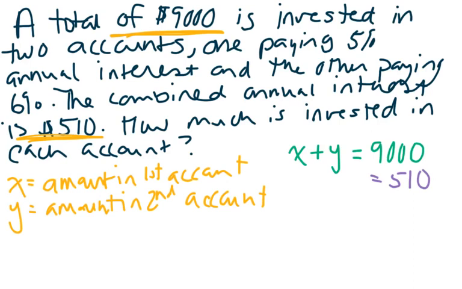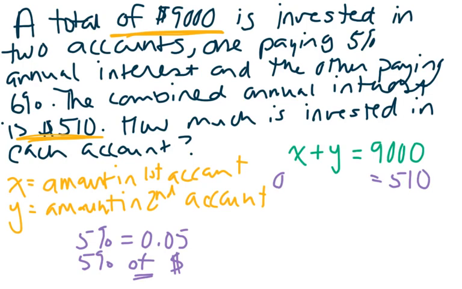But here's the reasoning here: 5% as a decimal is 0.05. And if you want 5% of some money, "of" becomes multiplication. So we would have 0.05 times the amount invested in the first account.